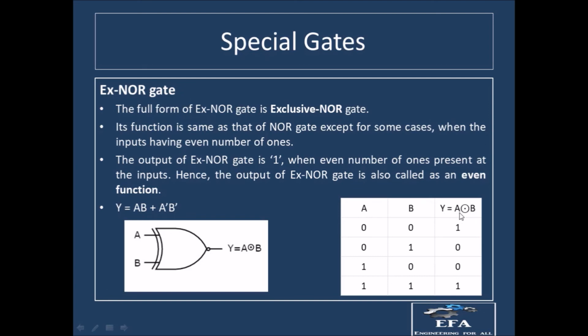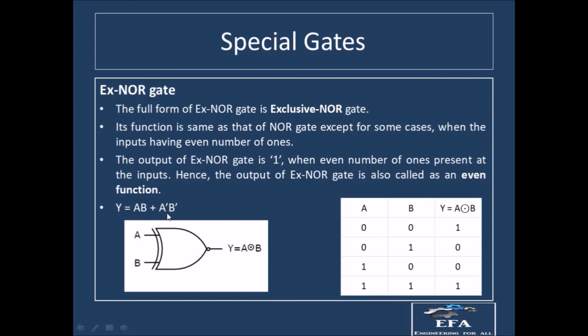So Y is equal to A XNOR B. This is the symbol for the XNOR gate: the XOR symbol circled by a dot. When this expression is expanded, we have Y is equal to A into B plus A complement into B complement. On expansion of this expression, we have the expression in Boolean format.